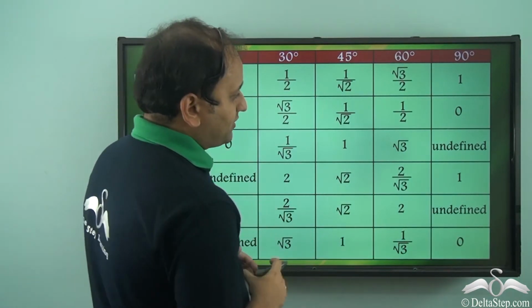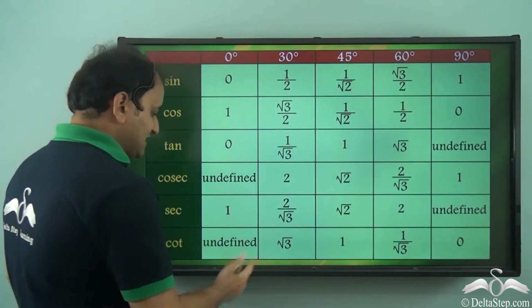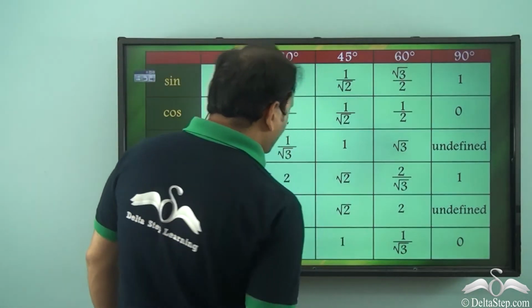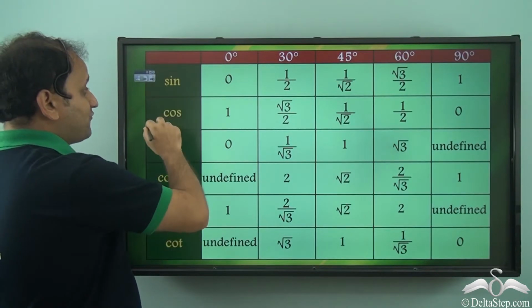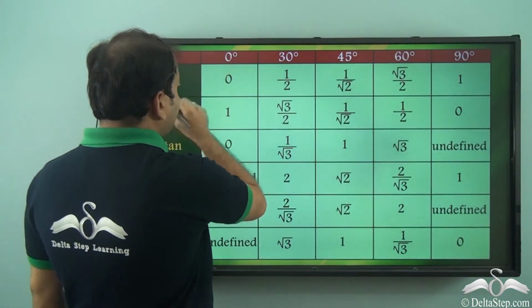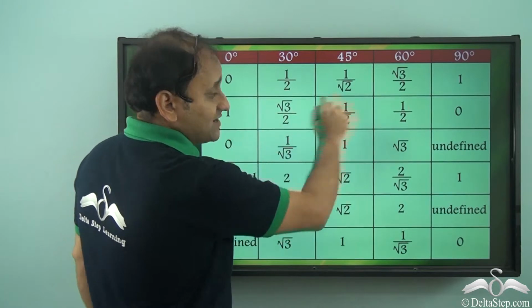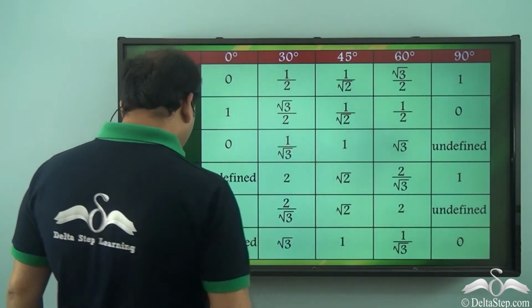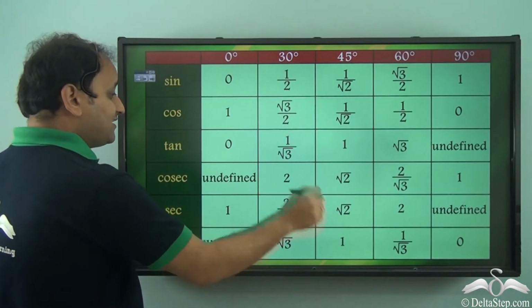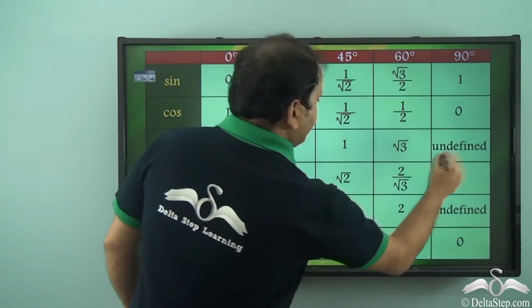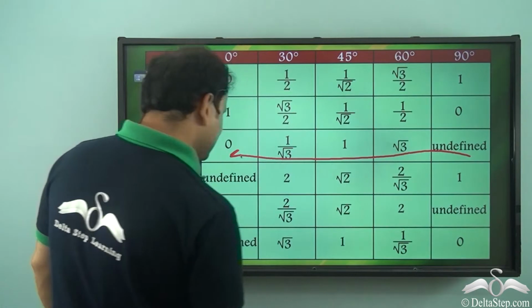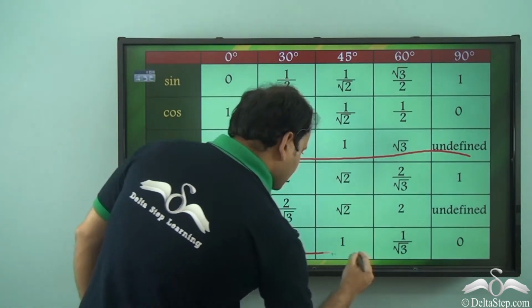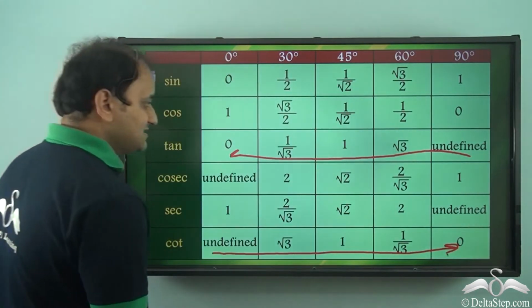Now another important point to notice is that instead of calculating these values, you can also follow the same method which you had followed in the case of cos. So cos is simply sine in reverse order, right? Similarly, cot is nothing but tan in reverse order. So if you take this order, this is exactly this, isn't it?